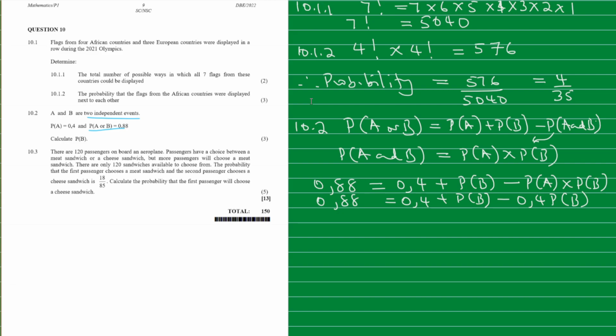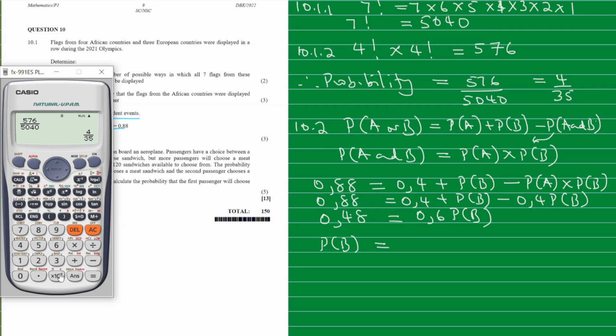The 0.4 comes over here, so we've got 0.48 equal to P(B) minus 0.4 P(B), that is 0.6 P(B). Solving for P(B), the probability of B will be equal to 0.48 divided by 0.6. Enter that, and we get the probability 4 over 5.